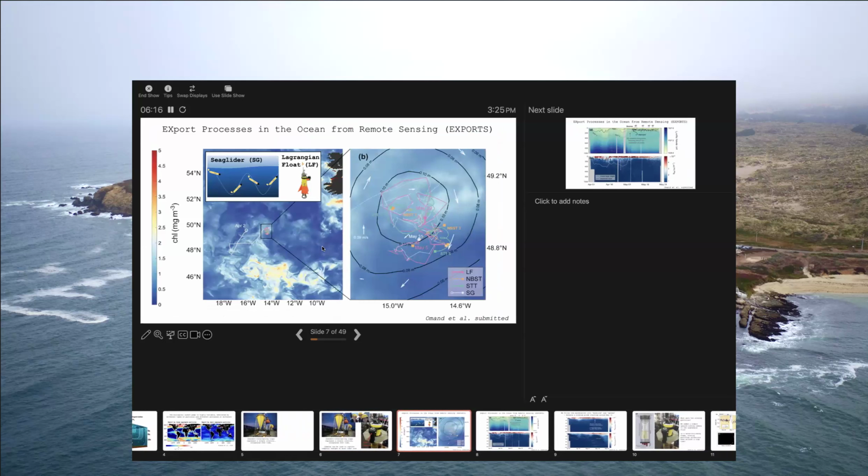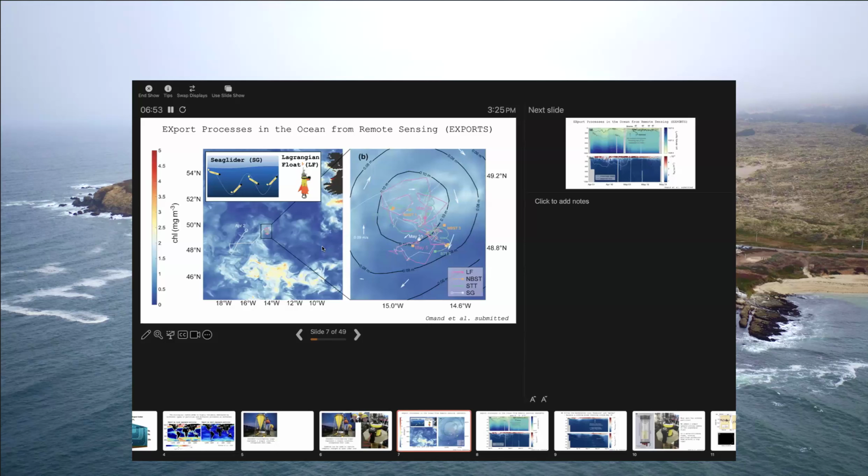So what's shown on the left here is a map of chlorophyll showing the trajectory of a glider in white, and then a period of very intensive operations in the little box right here, where we had a whole variety of different autonomous platforms, as well as actually 3 research vessels all converged into one area, trying to make as many measurements of the biological carbon pump and processes therein as we could to eventually be able to try to develop proxies to estimate carbon export from satellites.